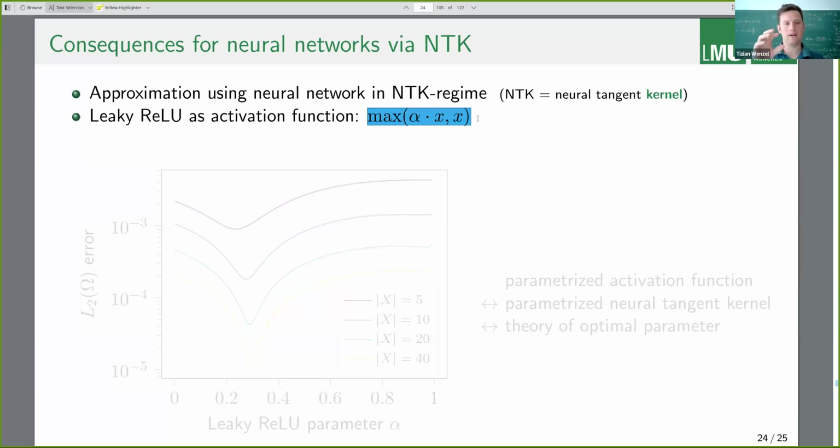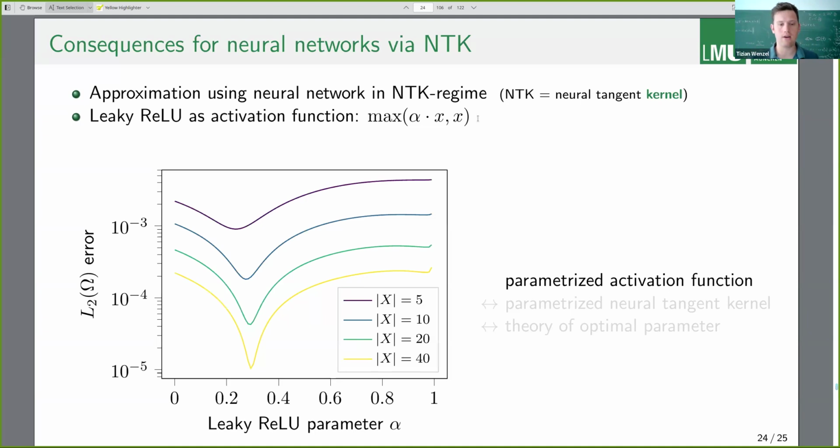And this activation function parameter here then influences also the neural tangent kernel as a parameter. And here we can see exactly the same situation which we saw before. On the x-axis now, I do not depict a shape parameter of the kernel, but I depict the parameter of the leaky ReLU function. So this is really a parameter of my neural network here.